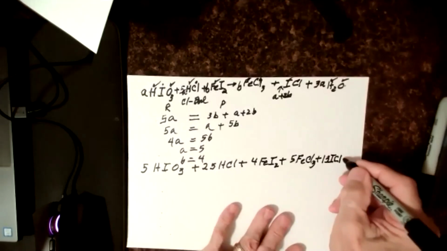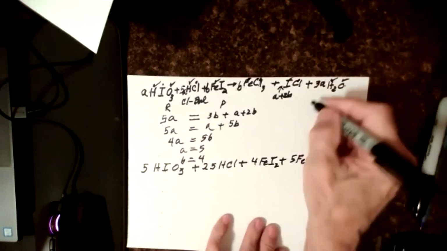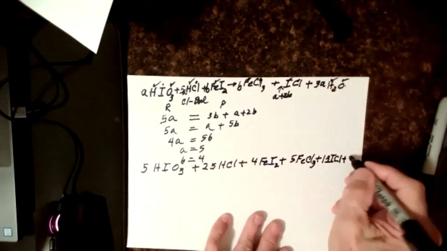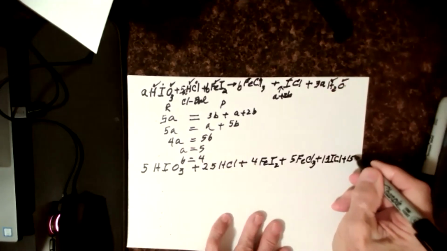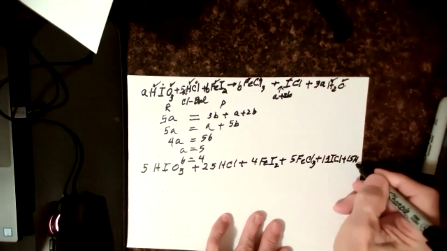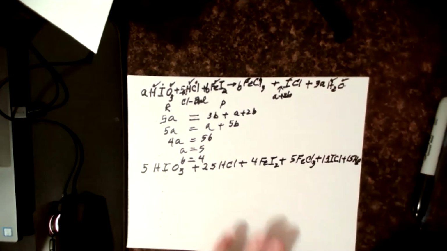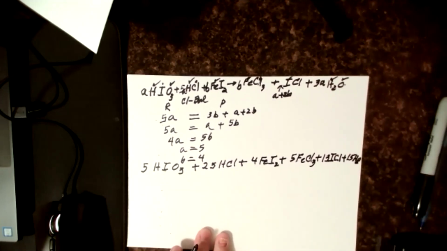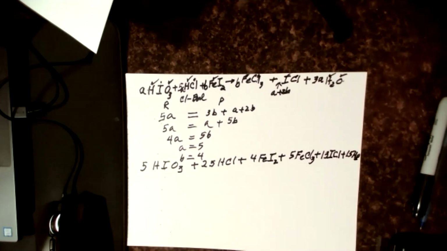And the water, I've got 3 times 5 is 15 waters. Ran out of space even on that one. Okay, but anyhow, we got it balanced. And so the equation is balanced, and I do remember the coefficients after I get through, so you can check them, but I'm pretty sure that is correct.